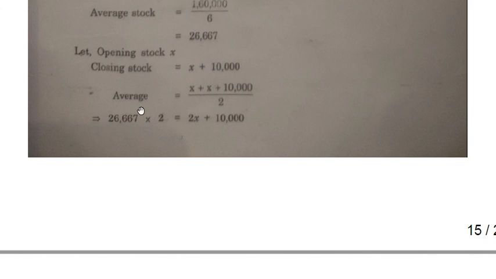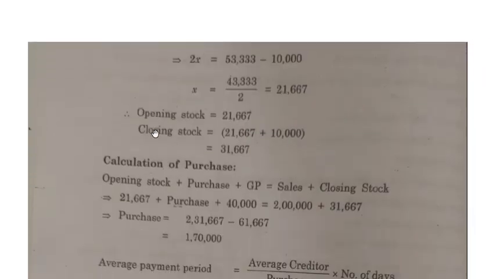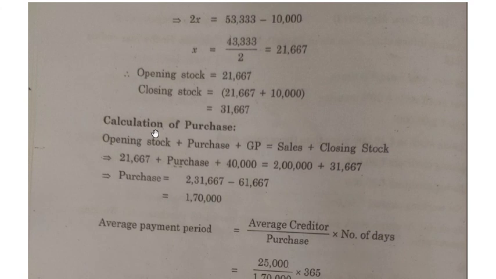So average stock is what? Opening stock plus closing stock divided by 2. So X plus X plus 10,000 divided by 2 is equal to average stock we already found out, which is 26,667. So 26,667 into 2, which is equal to 2x plus 10,000. Therefore if you cross multiply, 2x is equal to 53,333 minus 10,000.